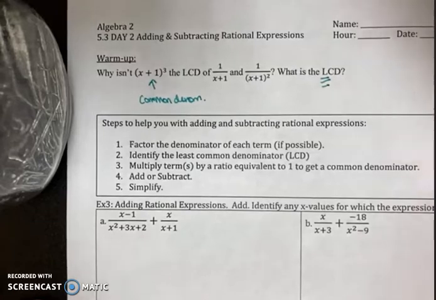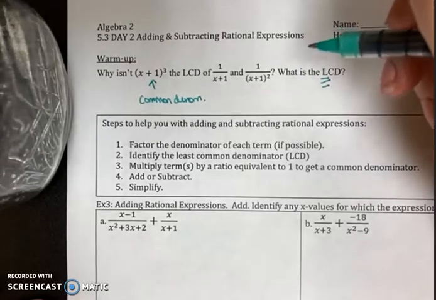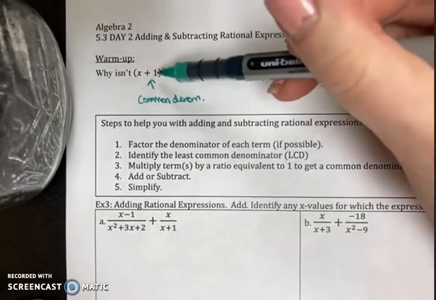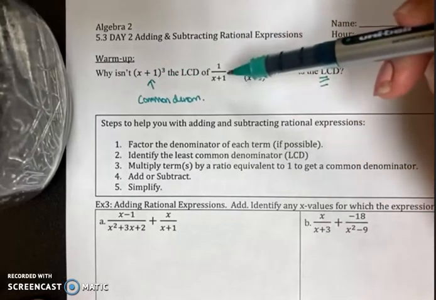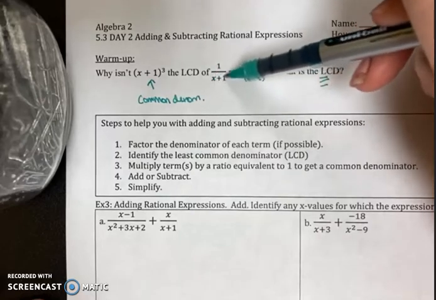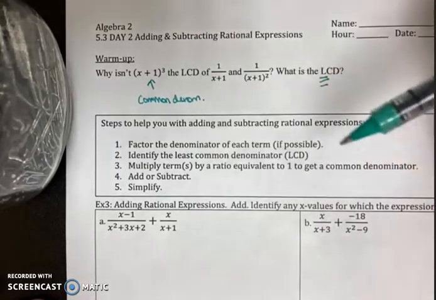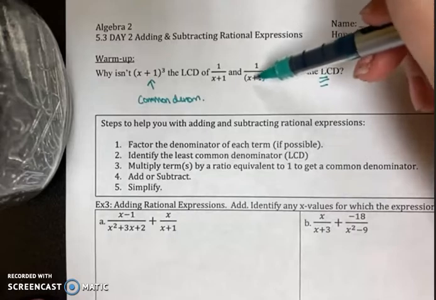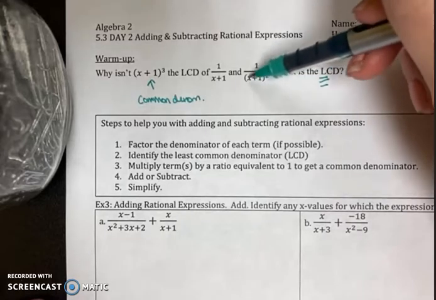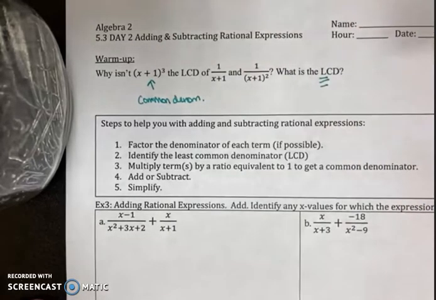We want to multiply it by something in order to get the same thing. Now, yes, you can multiply x plus 1 squared by x plus 1 to get x plus 1 cubed, and we'd have to multiply x plus 1 to the first power by x plus 1 squared to get x plus 1 cubed.